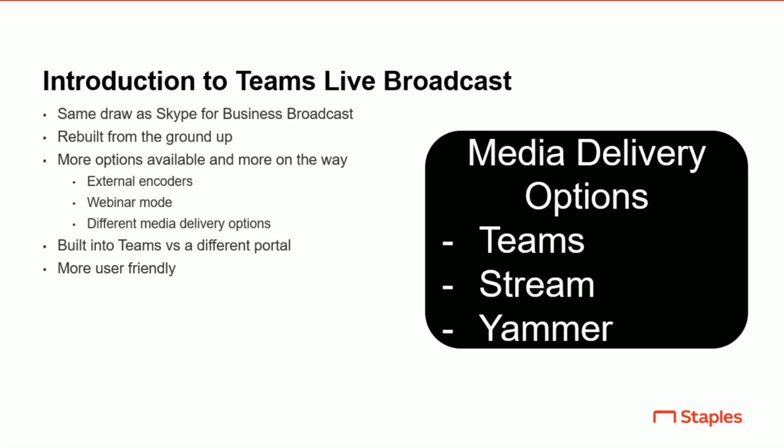The Teams client can actually join a broadcast stream, so I can broadcast directly into Office 365 Stream, and then Yammer, which is a question asked. I'm going to skip Teams and Stream and go straight to Yammer so we have time.